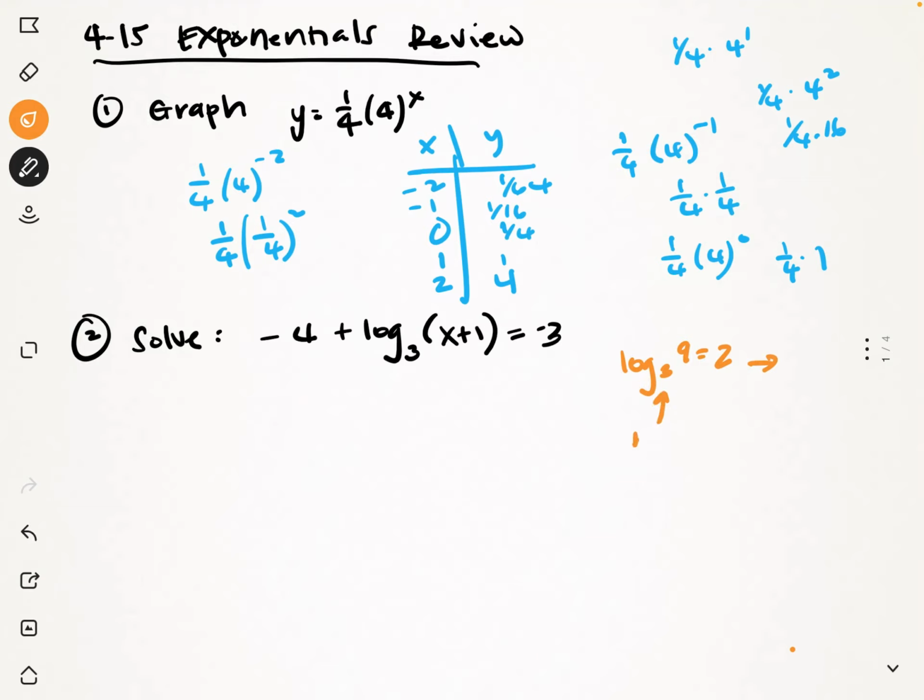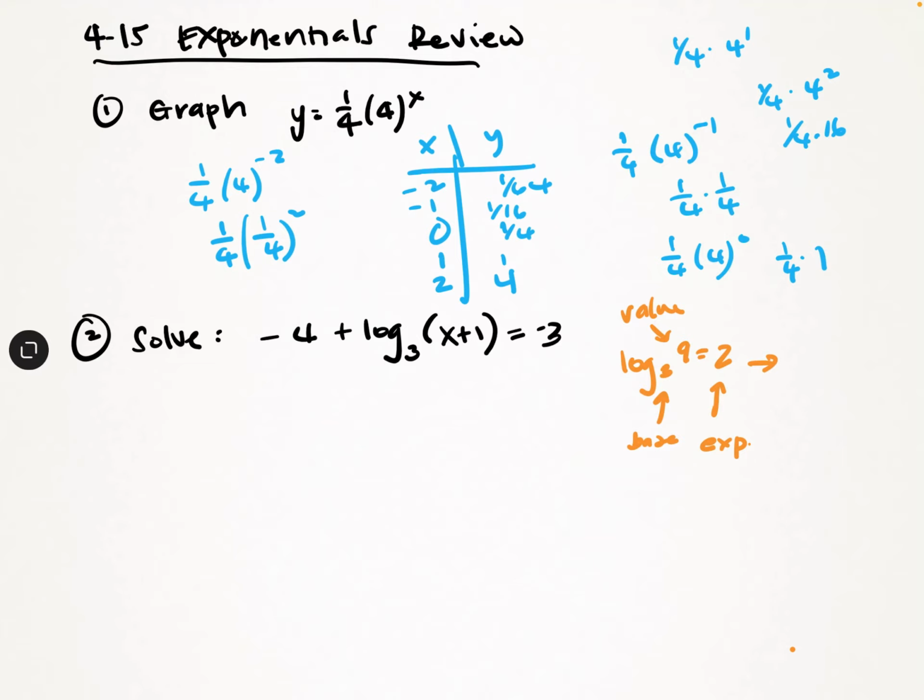Remember, 3 is the base, 9 is the value, and 2 is the exponent. So if we were to rewrite this in exponential form, 3 is our base, 2 is our exponent, and that's equal to 9. So these two equations are saying the same thing, just with different operations.